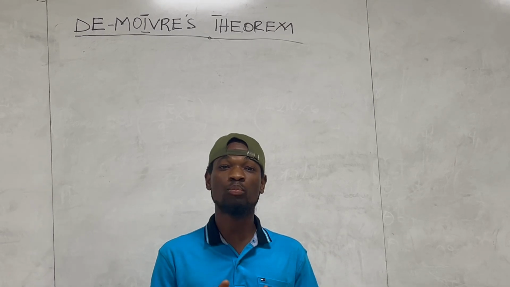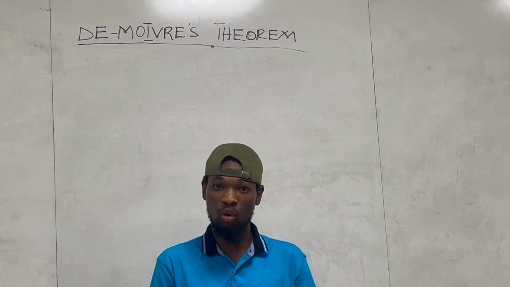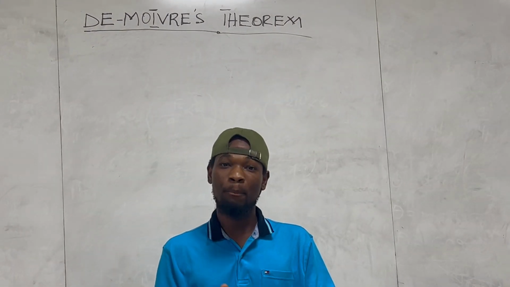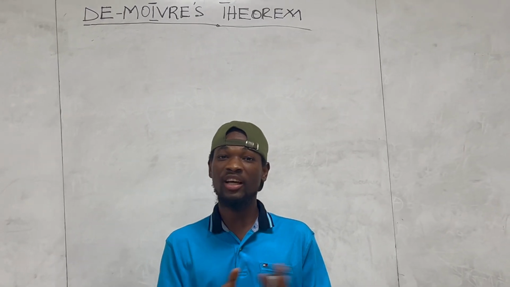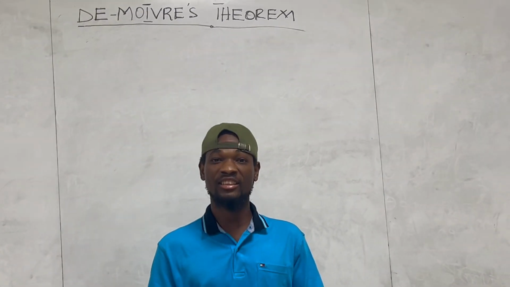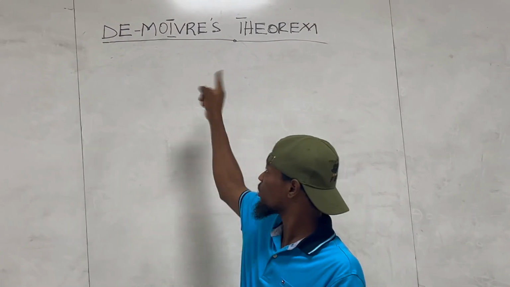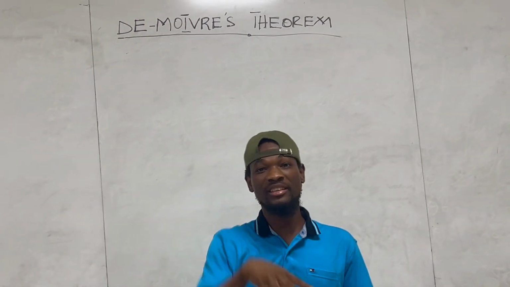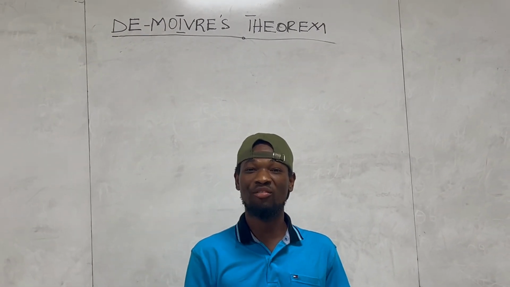I decided not to prove it using mathematical induction because I'll create a playlist pertaining to mathematical induction. I will also incorporate de Moivre's theorem as part of that topic.